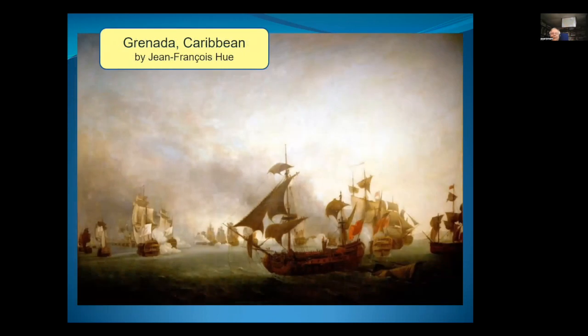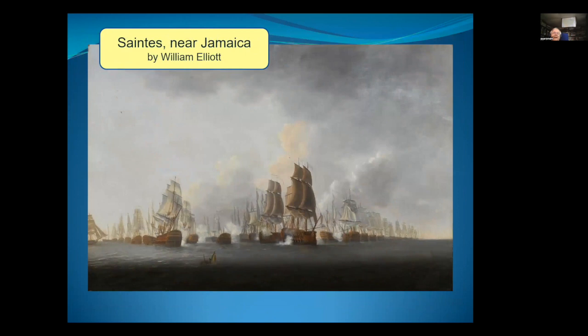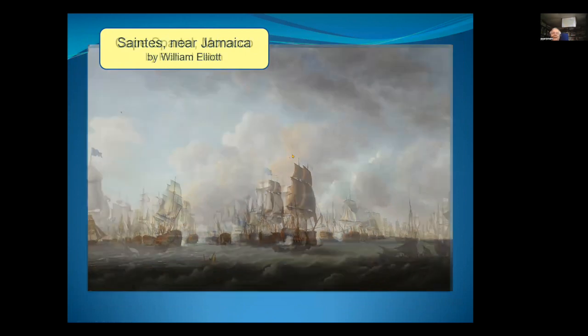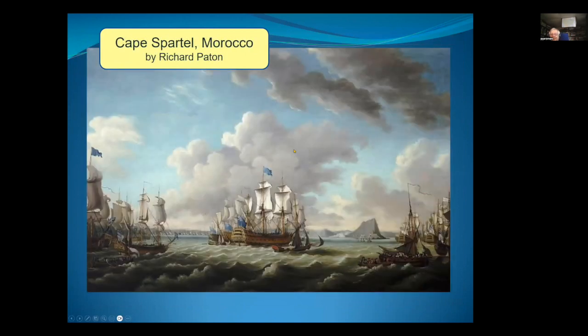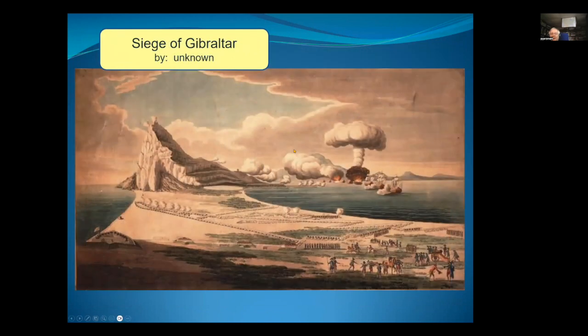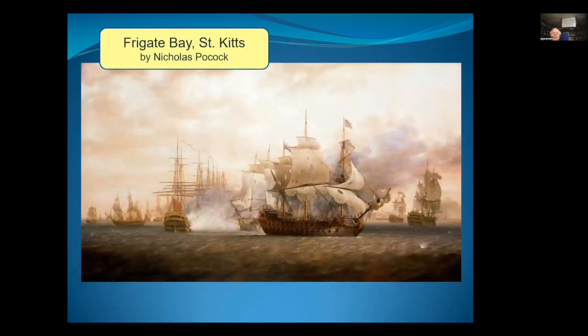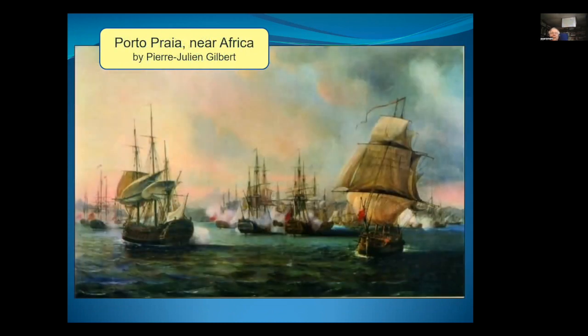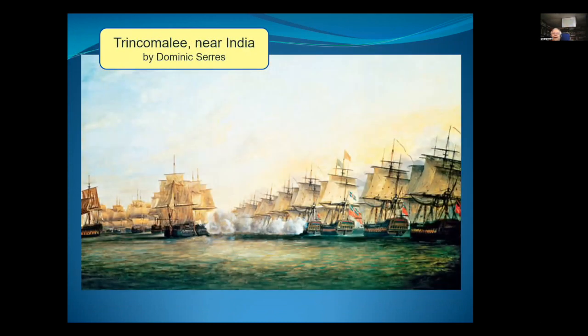And one near Grenada in the Caribbean, and one near Saints near Jamaica, and one near Morocco, and one near Gibraltar, and one near St. Kitts, and one near Porto Praya, and one near Trincomalee. Actually, not one, 4 separate battles near Trincomalee, near India.